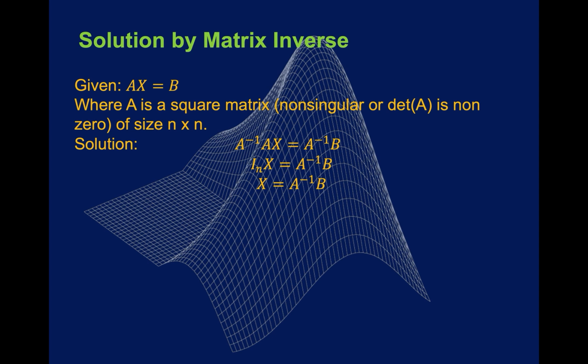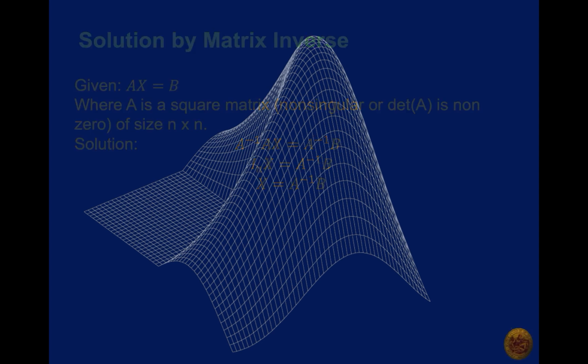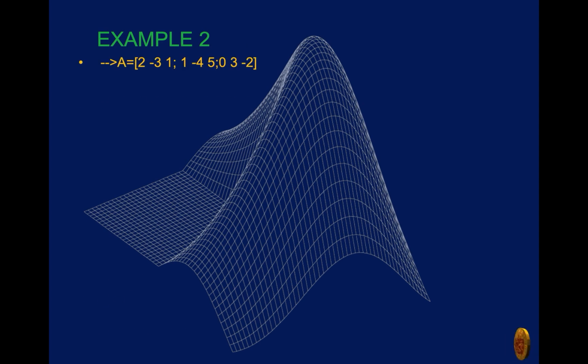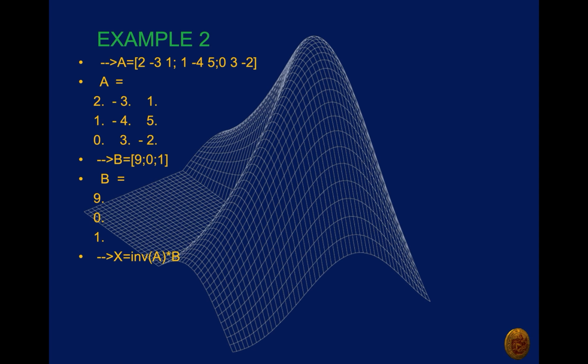For solution by matrix inverse, given AX equals B, if A is non-singular, or the determinant is not 0, then your solution X is equal to the inverse of A, the coefficient matrix, multiplied by the column of constants. So defining your A, and then your B, and then we compute.